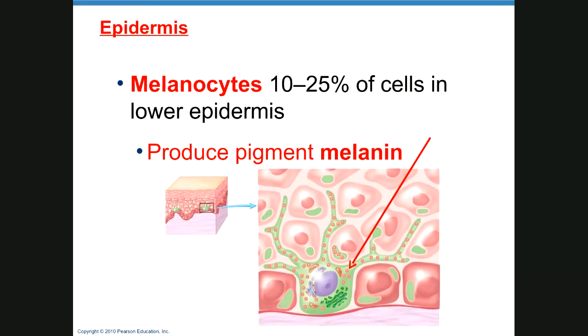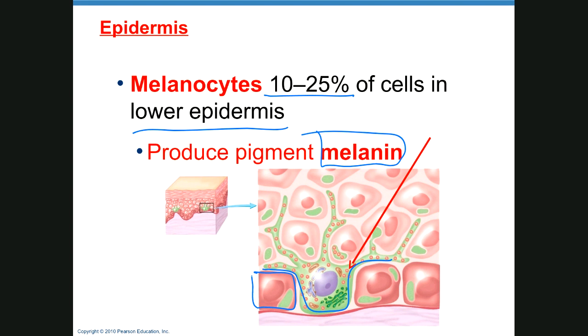We mentioned the melanocytes, which are found at the bottom of the epidermal layers. They're found together with basal cells. About 10 to 25% of the cells in the lower epidermis are going to be melanocytes. Melanocytes produce a pigment called melanin. And you can see how these square cells here will be the basal cells, and these funny looking cells right here in green are the melanocytes.